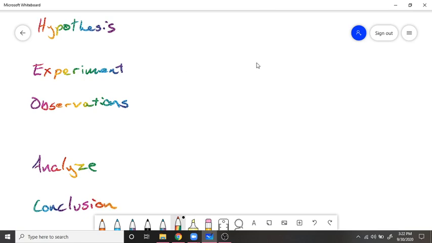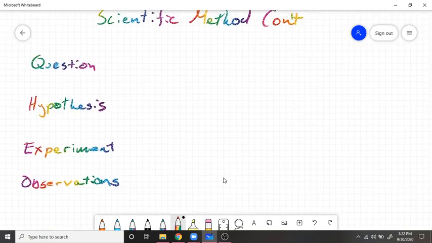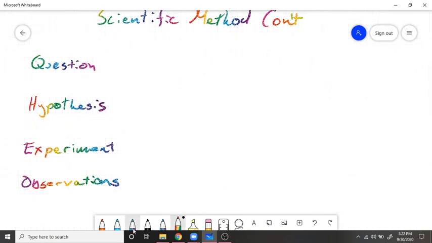I'm going to talk about what each one of these words means. We are going to define the terms. And then we are going to have an example.